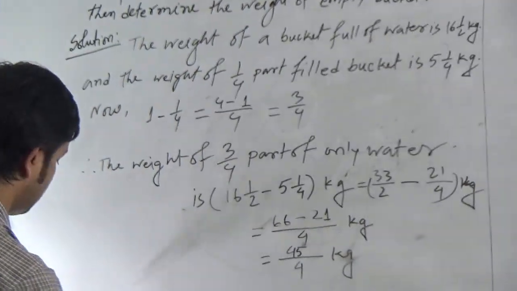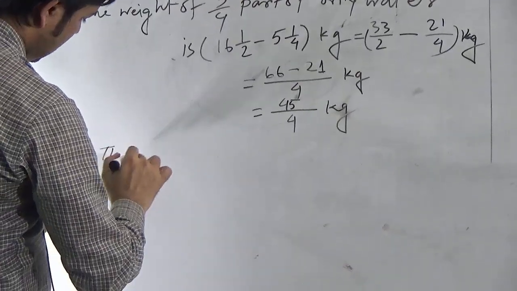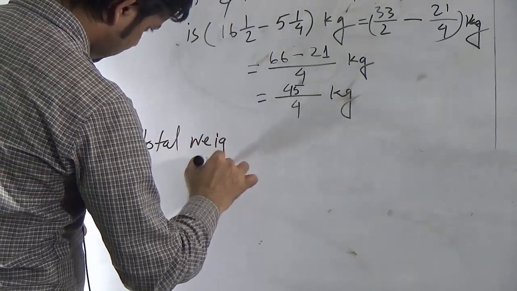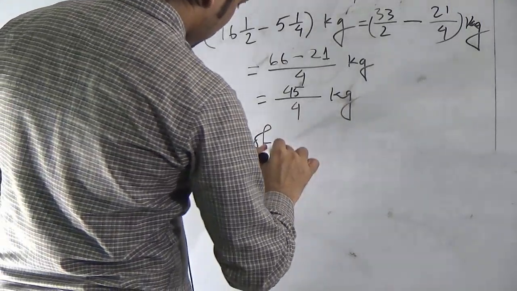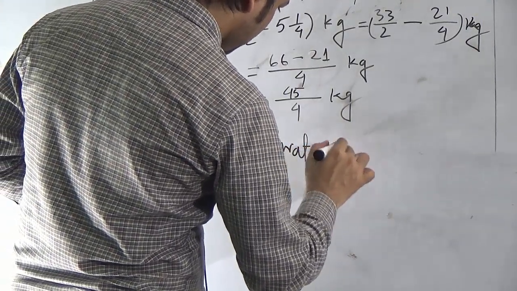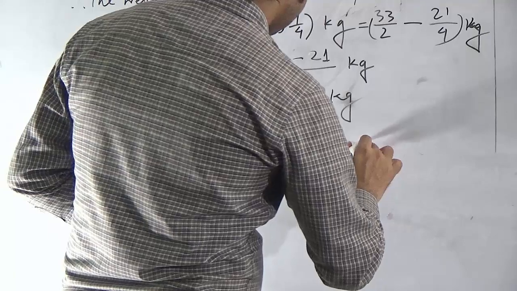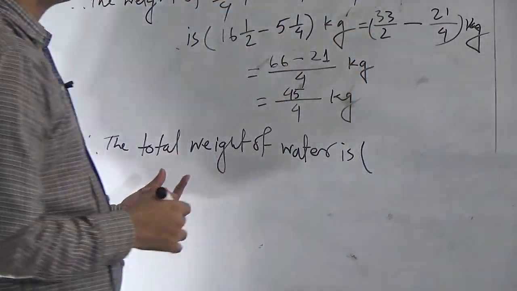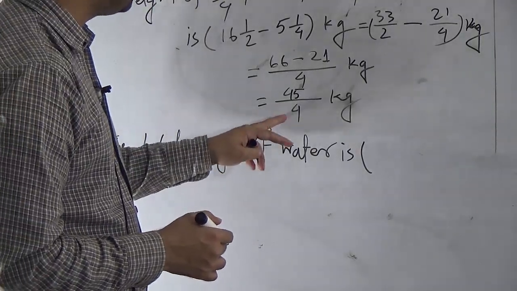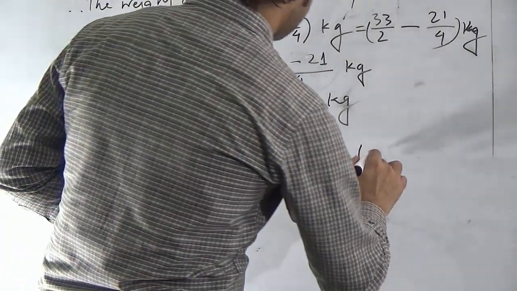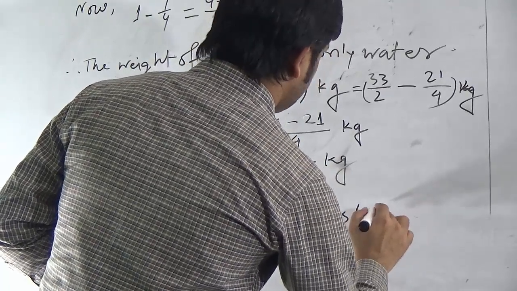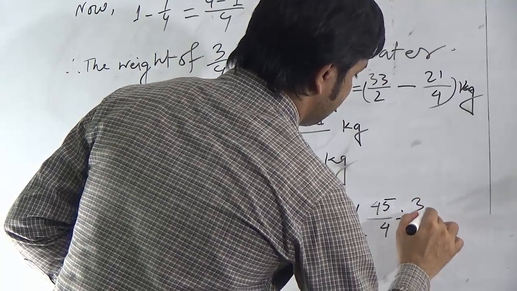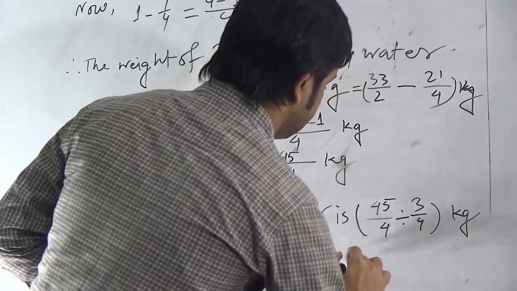So the total weight of water is, so total means 1 part. So we have to divide this by 3 by 4. 45 by 4 divide by 3 by 4 kg.